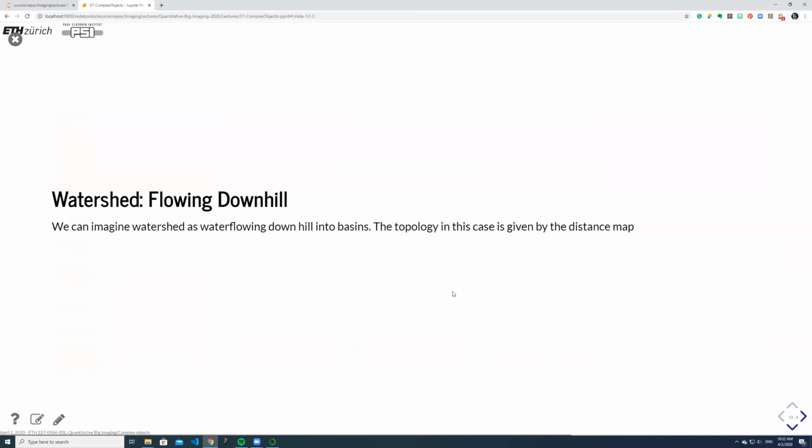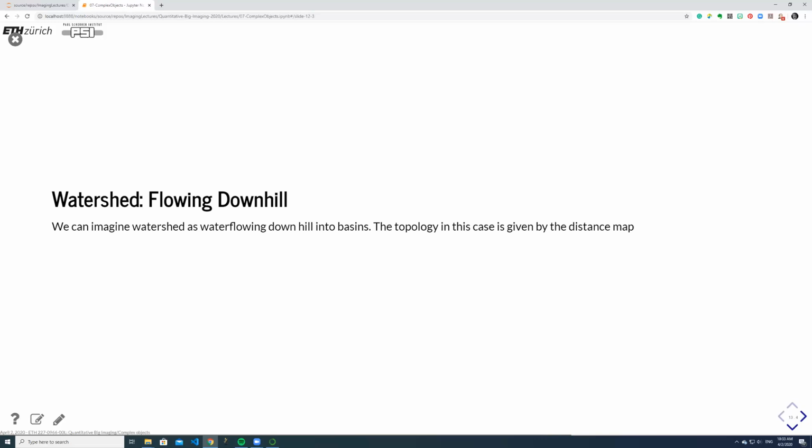So the watershed segmentation is the solution, and sounds wet. And actually, the reason for the name is that there's an analog to landscape. If you put a droplet of water somewhere on a mountain, it will in the end flow down to the bottom of the valley, where usually there is a lake or a river.